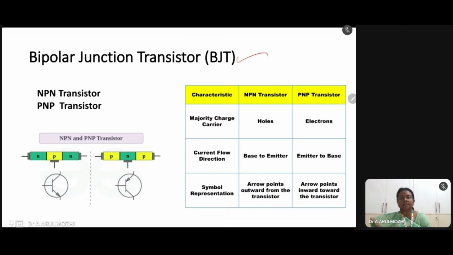The bipolar junction transistor is a commonly used transistor. It consists of three parts: the emitter, base and collector. It can act as a regulator for both electrons as well as holes.